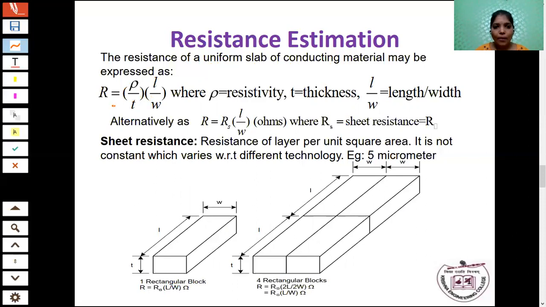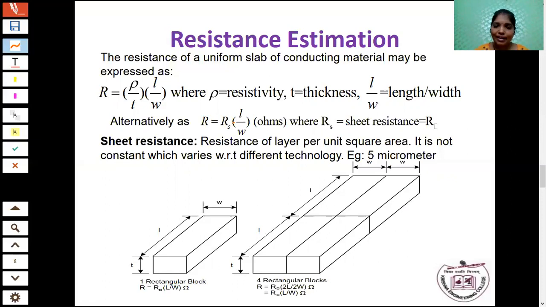This equation we can also write as R is equal to RS into L by W. Here RS is the sheet resistance. Sheet resistance means the resistance of the layer per unit area.